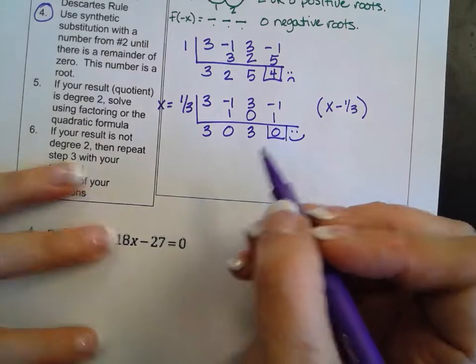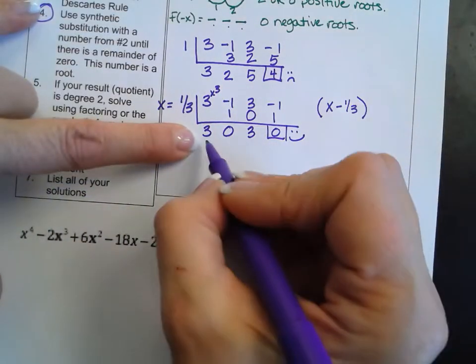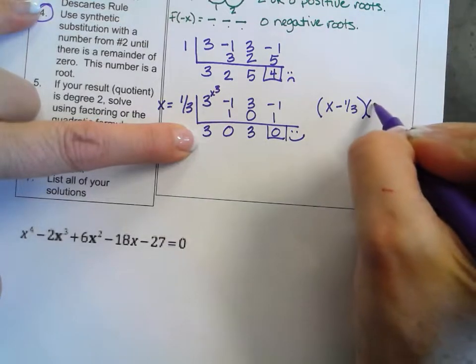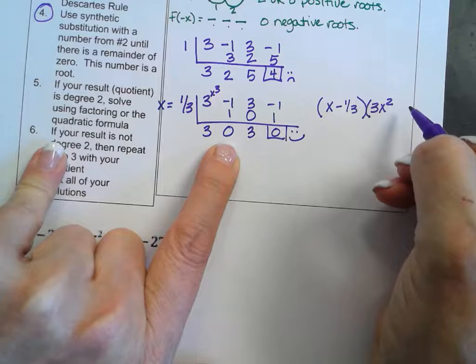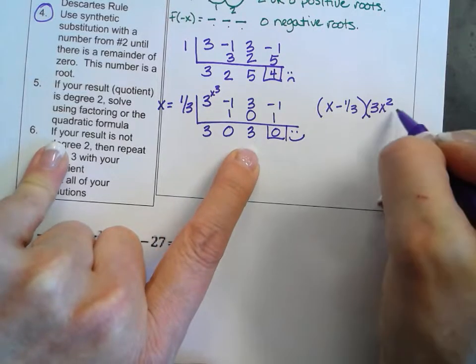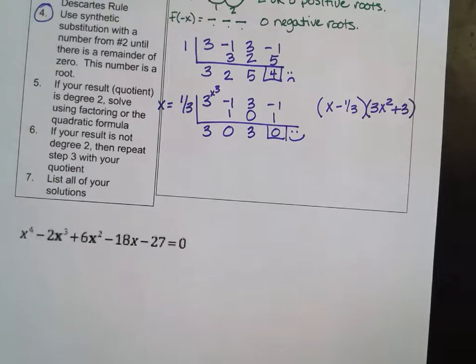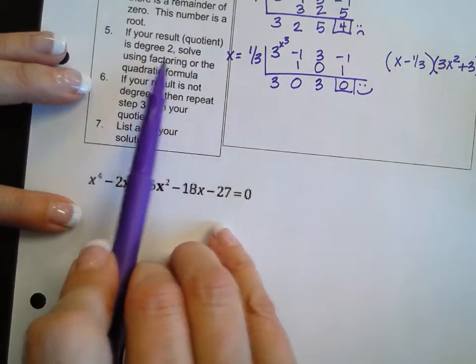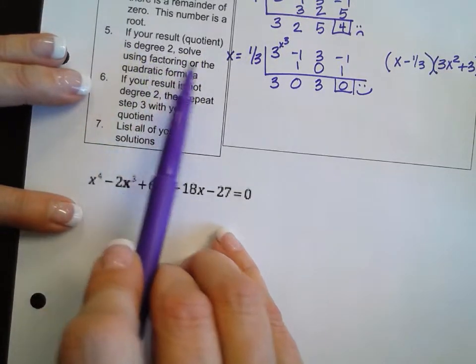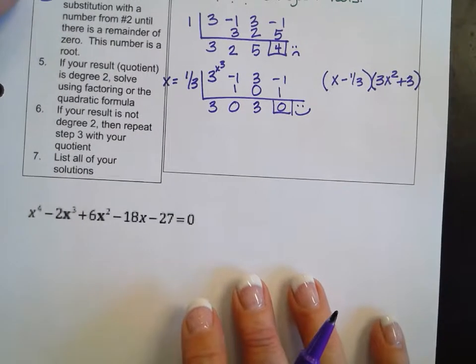Okay. Now, since I started with a cube, that means I'm left with 3x squared. I don't have any x's. And then plus 3. Okay? Now, if my result is a degree 2, I solve by factoring, use the quadratic formula or whatever.